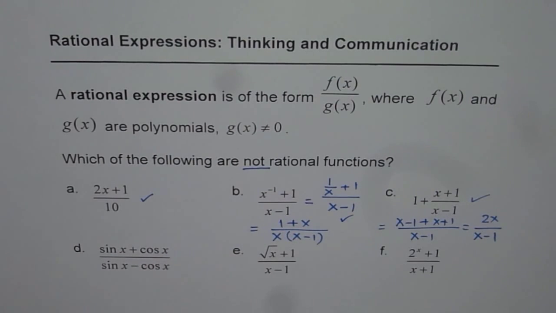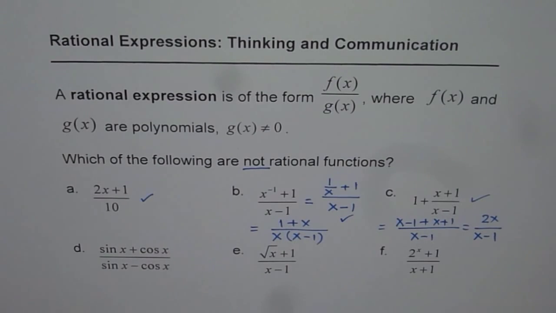They are of the form f of x over g of x, where f of x and g of x are polynomials. Well, they may have restrictions, correct? So we'll talk about restrictions in the following videos. Denominator cannot be 0.